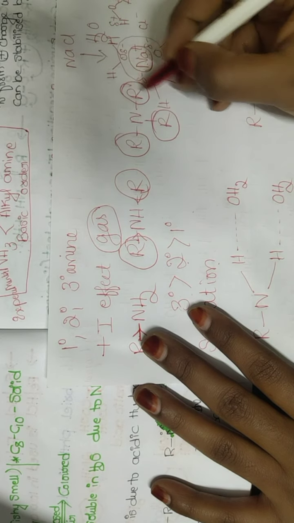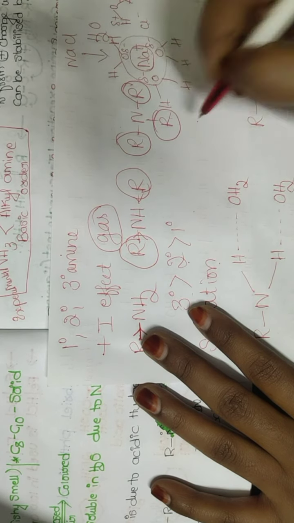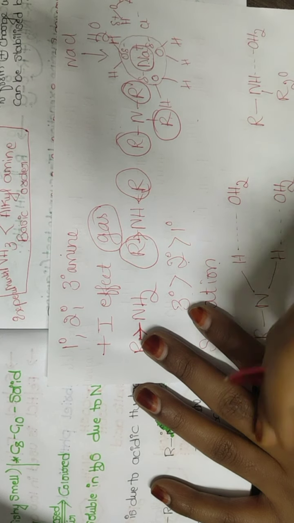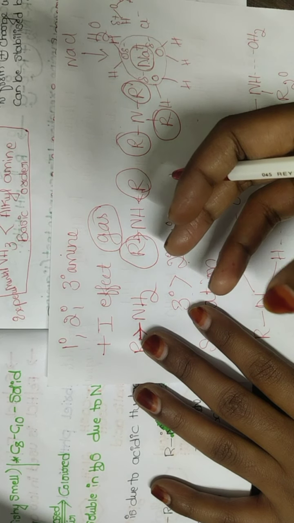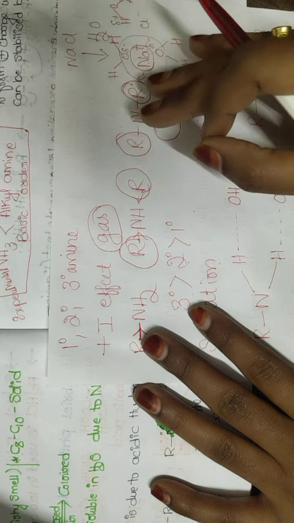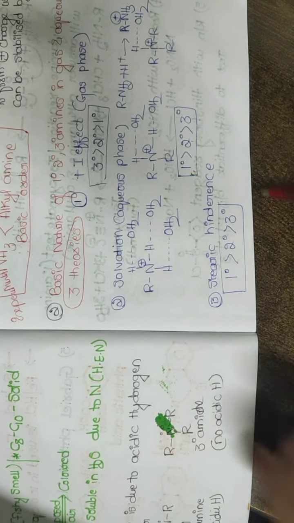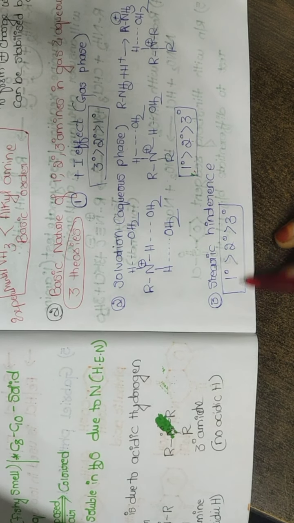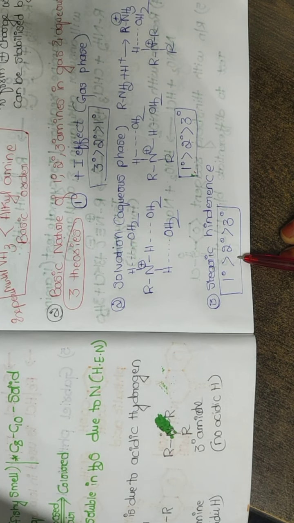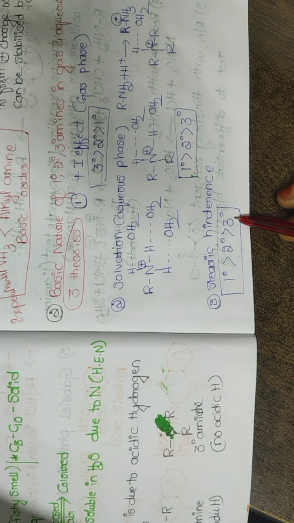So steric hindrance is more in case of tertiary amine. Higher the steric hindrance, the basic character will reduce, as the lone pair cannot be given out easily. So we can tell that the order of the basic character will be primary, followed by secondary and followed by tertiary. So this is regarding the three theories to explain the basic strength in case of amines.